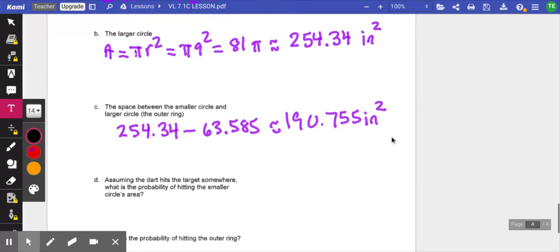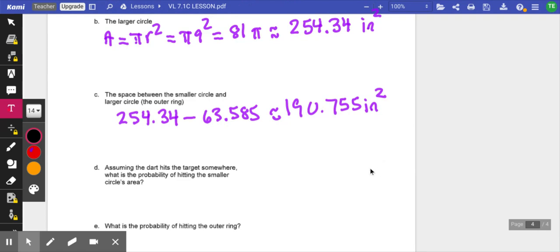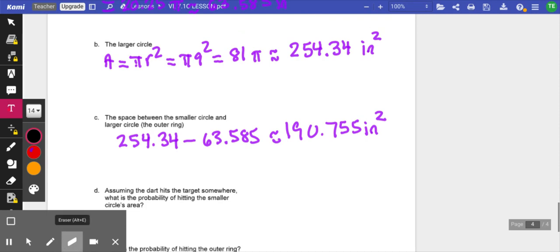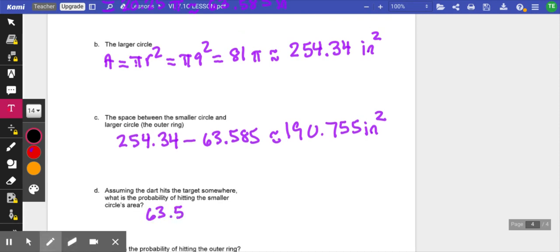So the white area was the smaller circle. So the smaller one was the 63.585 over the larger circle, 254.34. When we do that, we get 0.25. So we get about 25%.